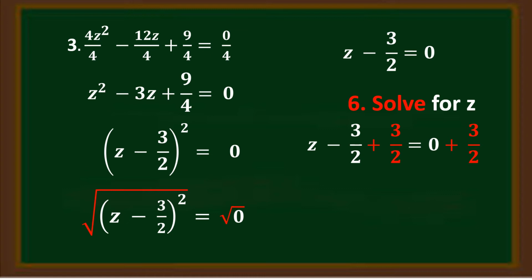We can do that by adding the additive inverse of negative 3 over 2 to both sides of the equation. Negative 3 over 2 plus 3 over 2 is 0, so we have in here z. And 0 plus 3 over 2 is 3 over 2. So the value of z in here is 3 over 2.